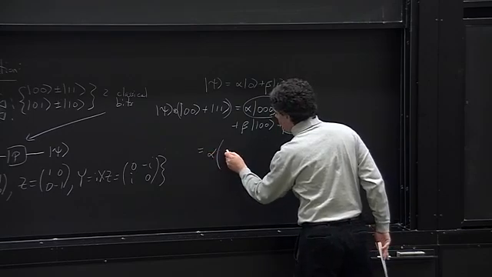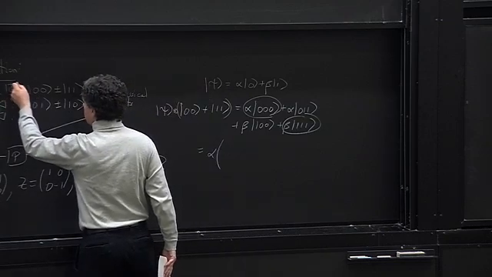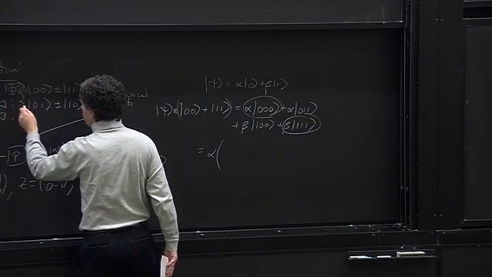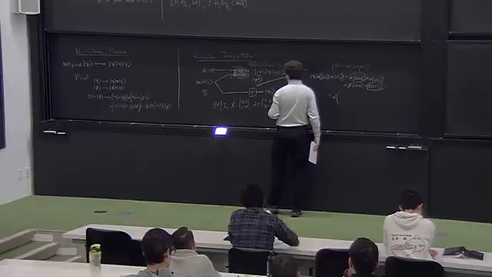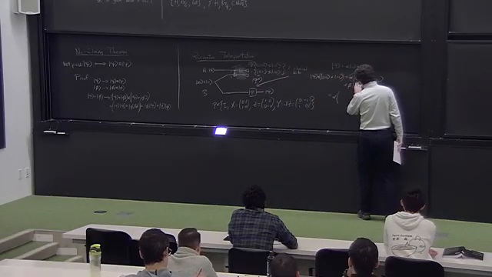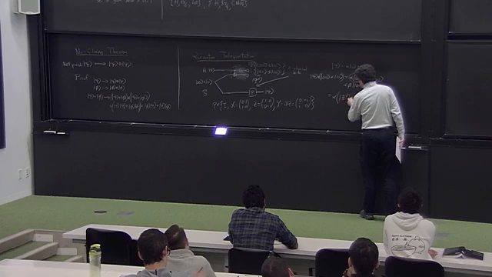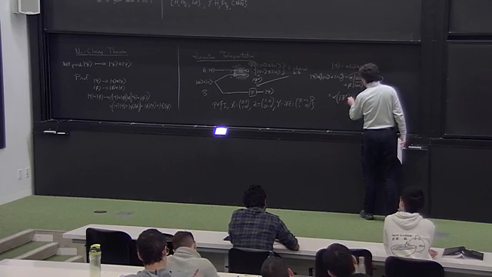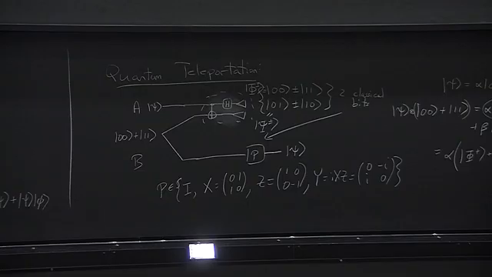So these ones are the states phi plus minus, and these ones are the states psi plus minus, capital psi and capital phi. And so I'm going to write this as phi plus plus phi minus tensor 0.